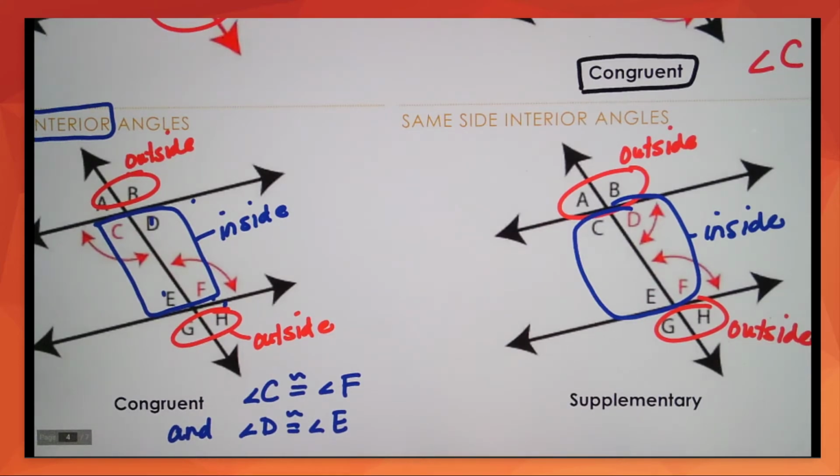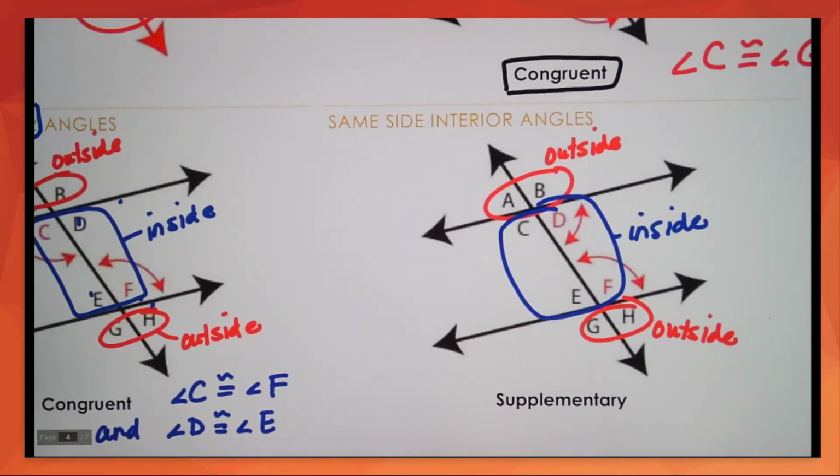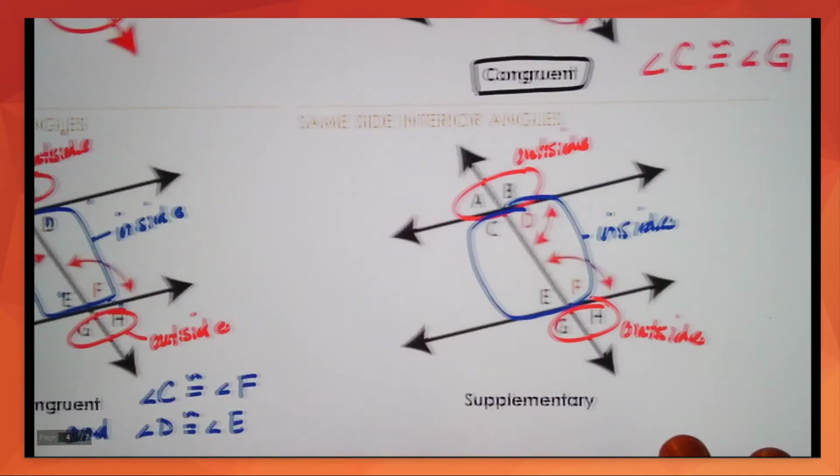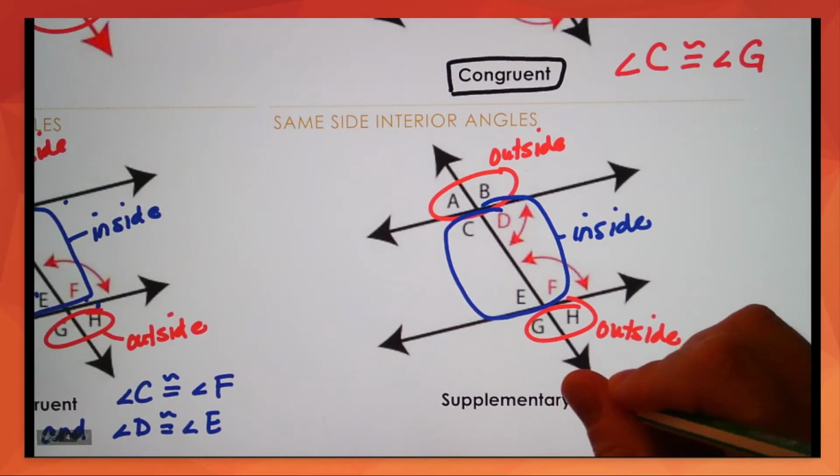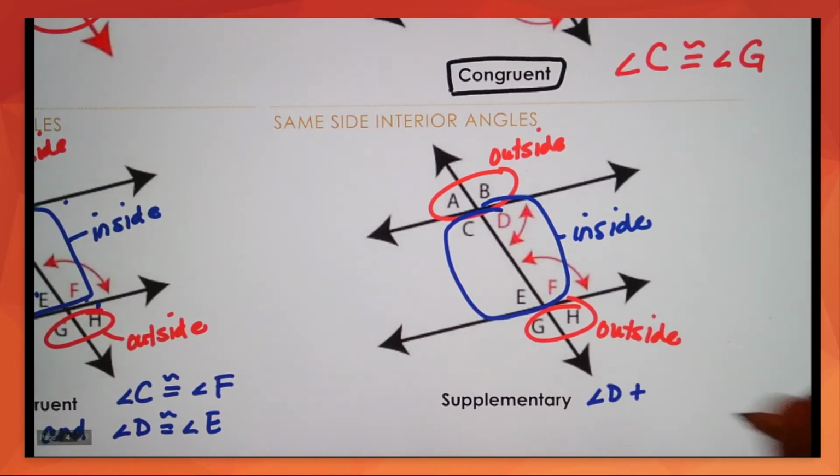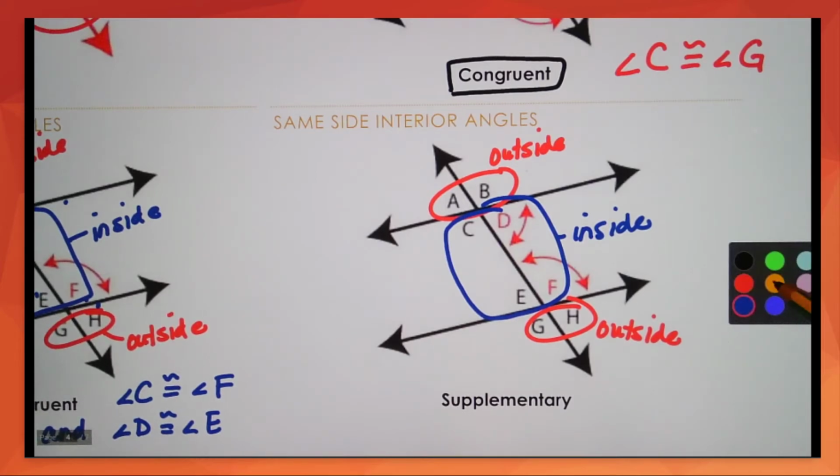So if you go back to the earlier part of these notes when we talked about supplementary, supplementary means that they add up to 180. So the thing you need to be able to walk away from this saying is, I should be using an M because we're now talking about the measure of the angles.